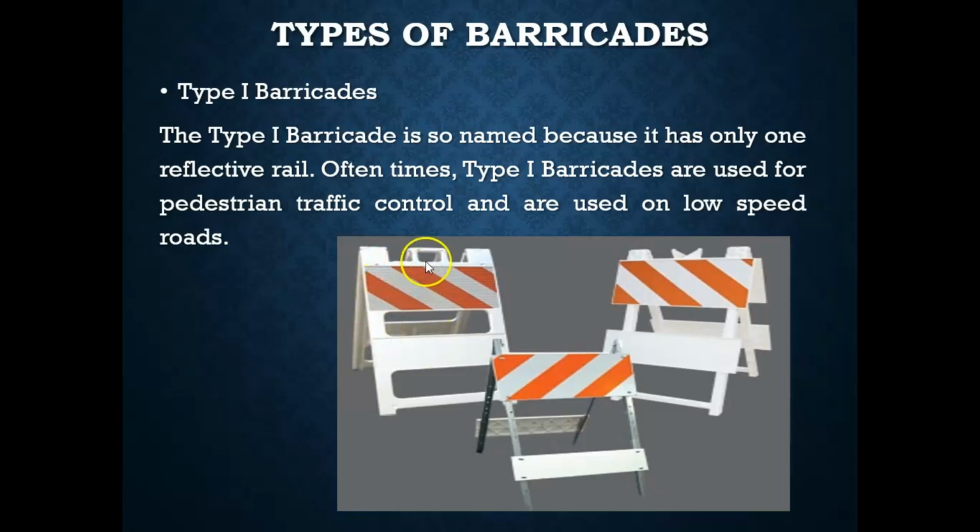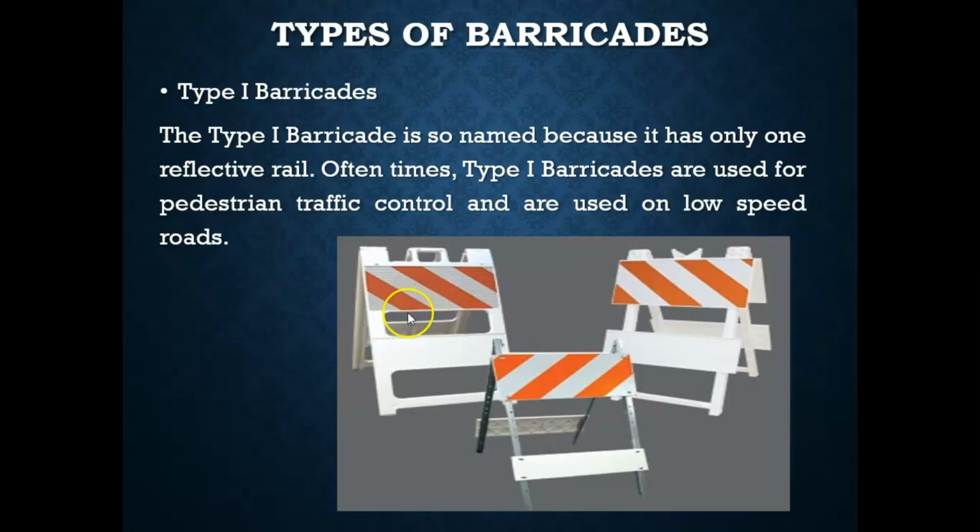For the type 1 barricade, like I said, this is typically at least 24 inches wide with orange and white strips alternating at a 45-degree angle. Sometimes a second non-reflective rail is added to give a more stable base of support. But in most cases, the type 1 barricade usually has one reflective rail.